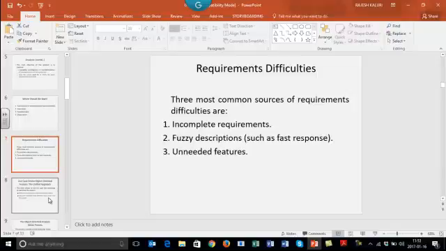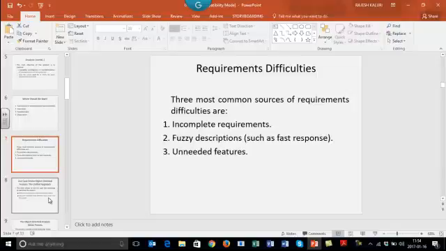Coming to the first one, incomplete requirements: if you see any kind of system, it will be facing some kind of missing or incomplete requirements. Take a scenario like developing an app for IRCTC, or a library management system, or a call monitoring system, or even the banking sector.